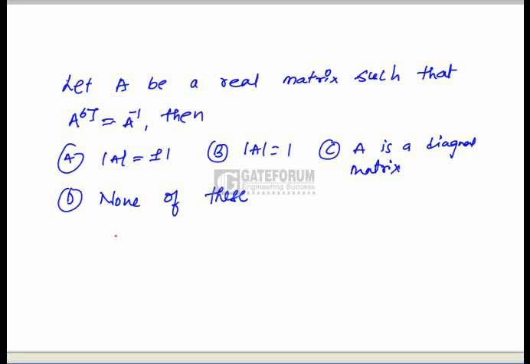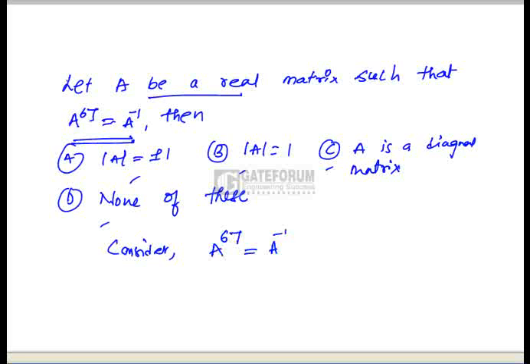In this problem, it is given that A is a real matrix such that A power 67 is A inverse. Then we have to say which of the four options is correct. Now, let us consider the given condition, A power 67 is equal to A inverse. Let us multiply A on both sides. A into A power 67 will be A into A inverse.